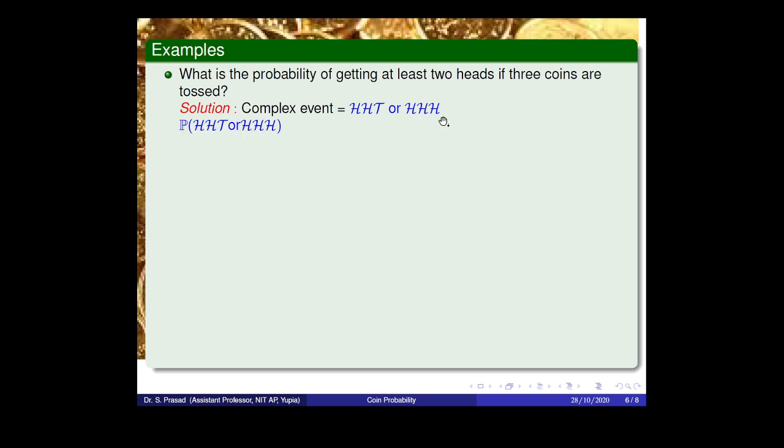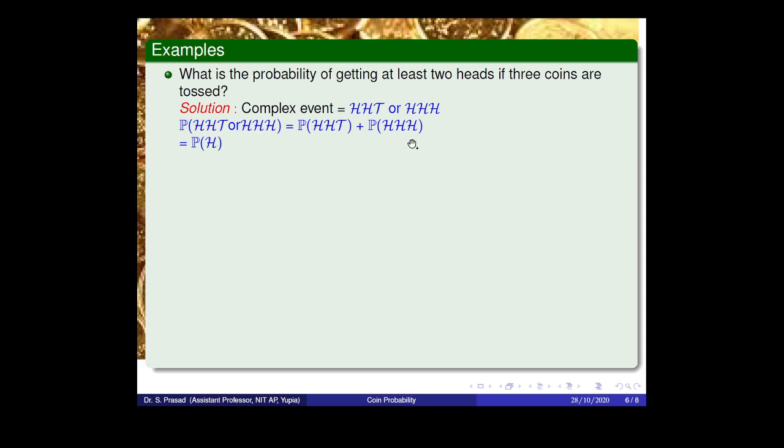And after that we go for finding the probability of the complex event. Here we have the probability of HHT or HHH. We can write it in a simple way as the probability of HHT plus the probability of HHH.